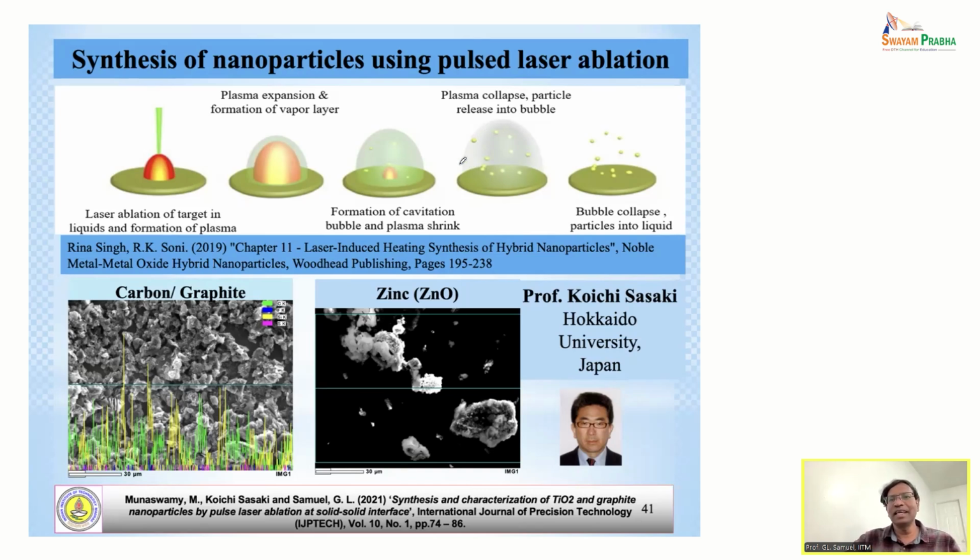Now, if it is in air, usually the particles go away. But instead, if you have a medium, you can capture them. So even if it is vaporized, if we capture them, they become spherical particles, and we get sizes of nanometers. Thus we can produce even nanoparticles by using these femtosecond lasers.